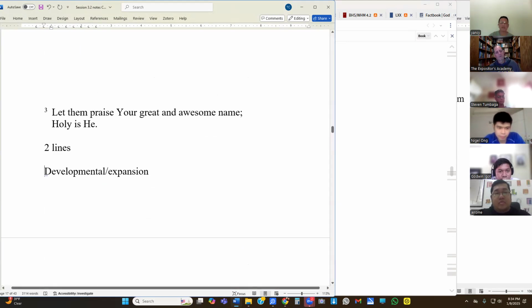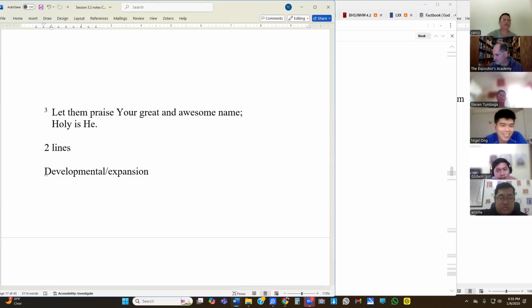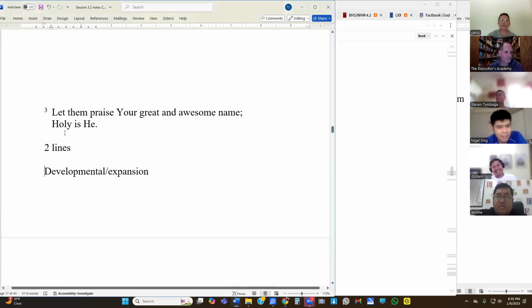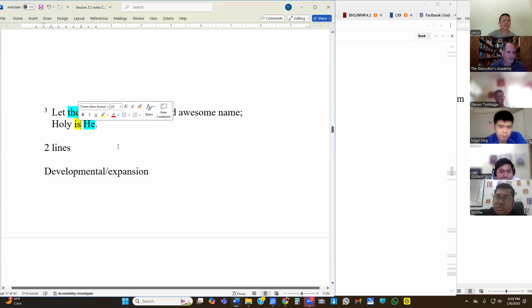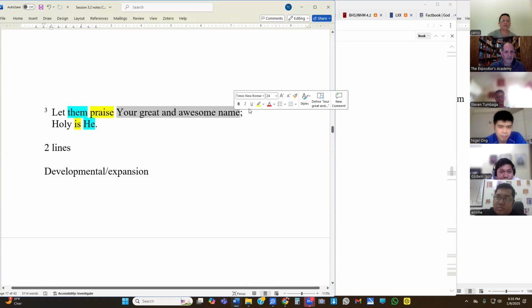Okay, so why would you go with that? I mean, the structure is different comparing the first and second lines. Yes. And yeah, so if we look at the subject, them in the first line, he in the second, the verb is praise, is, and then your great, awesome name is the object in the first line.